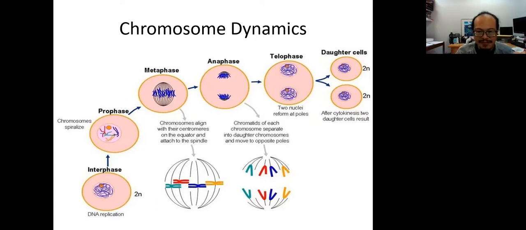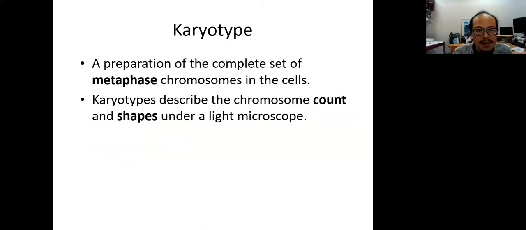So over the several years, the scientists found a way to count the chromosomes: if we can take a picture of the chromosomes when the cells are at the metaphase, that would be the best time to capture the structure of the chromosomes and count their number. That's what we did. This method is called karyotype.